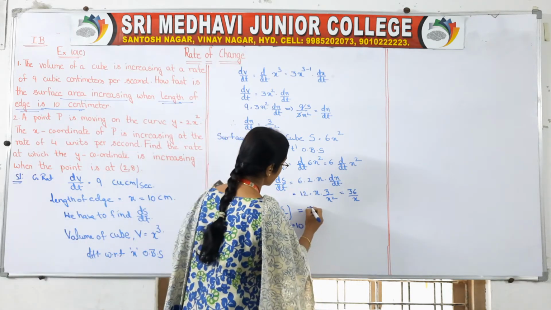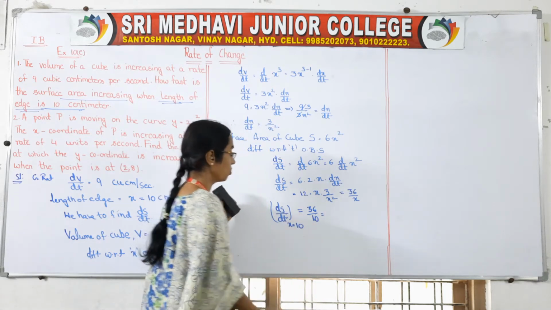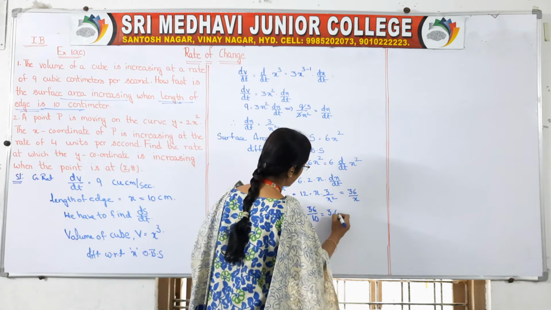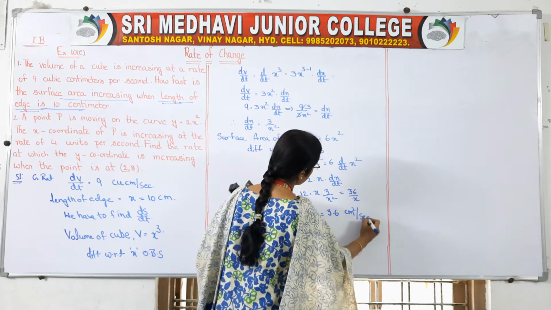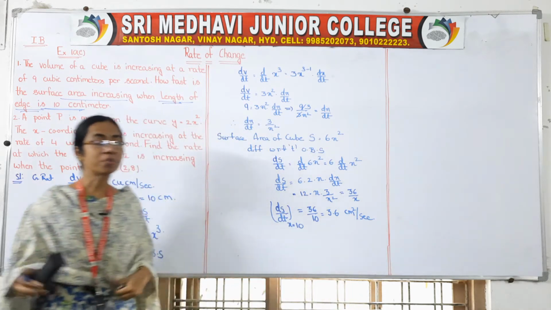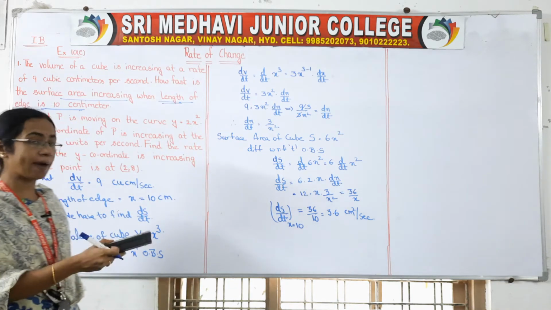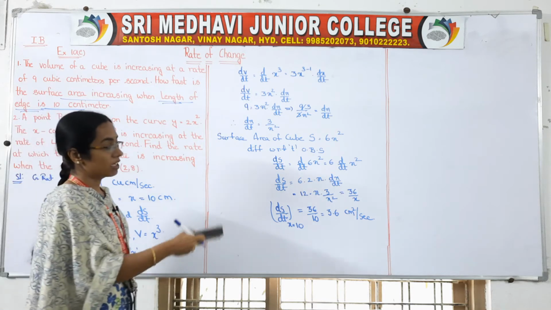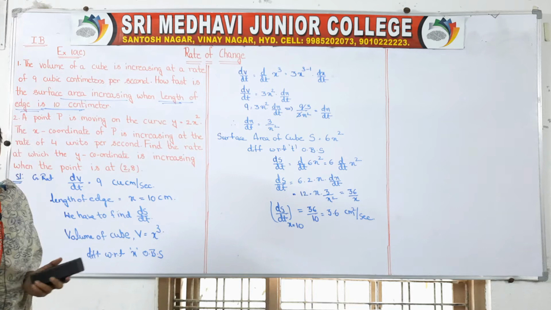So it is nothing but 36 by 10, which is equal to 3.6 centimeter square per second. If it is volume, it is centimeter cube per second. If it is surface area, it is centimeter square per second. Okay, that is the answer to your question.